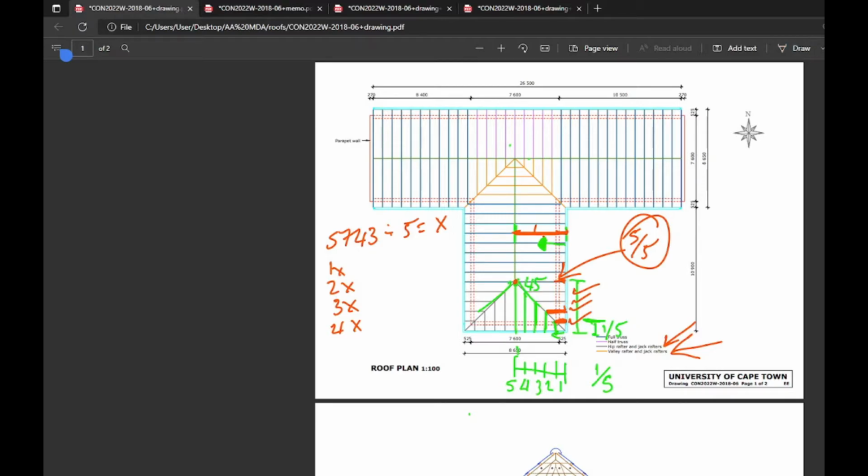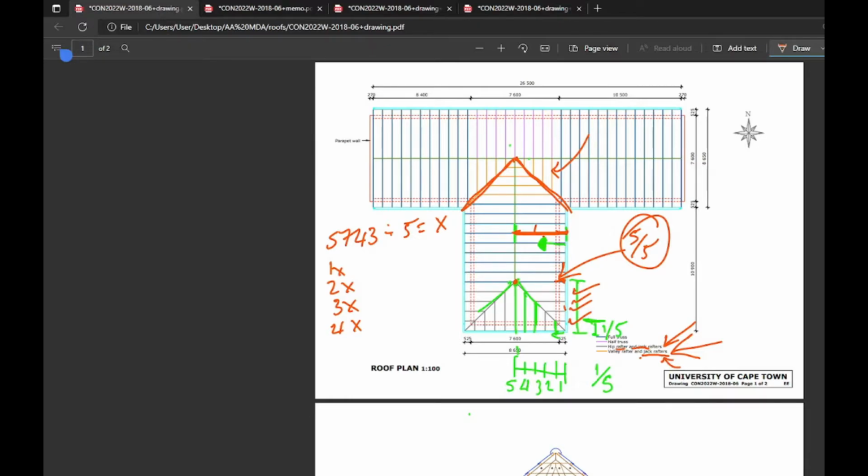You will see that this says valley rafter and jack rafters is orange. Here's your valley. Here's your jack rafters. But what this really means to say is jack rafters for this valley rafter. It is not all jack rafters. It is jack rafters for this valley rafter and this valley rafter at this intersection. So whenever there's a valley rafter, the jack rafters for that valley rafter are orange.